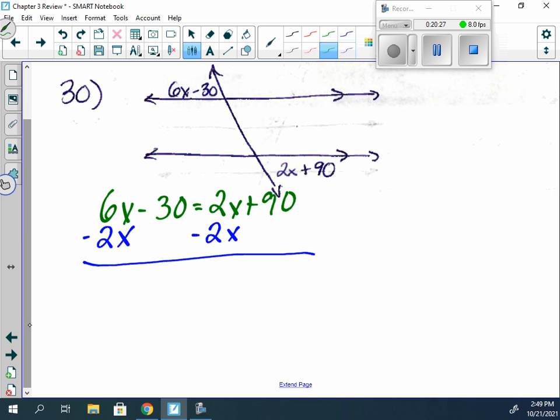Since the x's and our constant terms, our number without x, are on opposite sides of the equal sign, we have to add or subtract to get them on the same side. So we would subtract 2x from both sides, because 2x minus 2x would be 0. 6x minus 2x would be 4x, minus 30 is equal to 90.